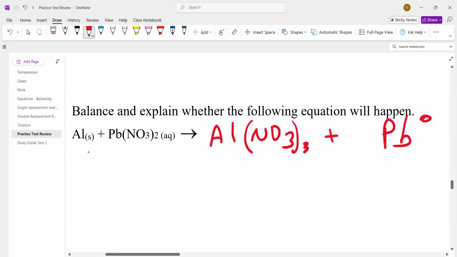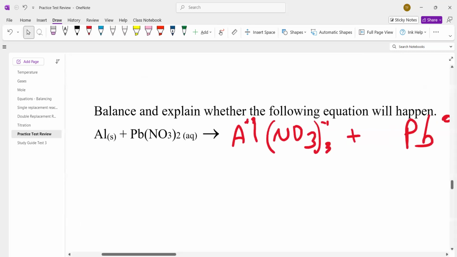Because they're -1 apiece, balanced against the aluminum, which is +3. That's why we need 3 nitrates, not 4. Better? Okay. So now it's balanced.